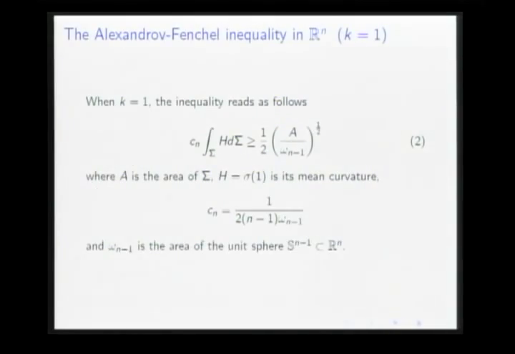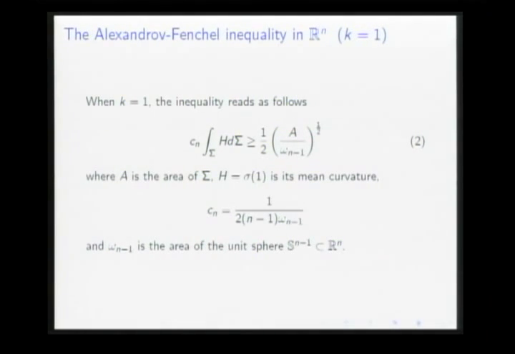So what is the k equals 1 case? When k equals 1, you have the integral of the mean curvature on the left-hand side, and on the right-hand side you have just the area, remembering that sigma 0 is 1.